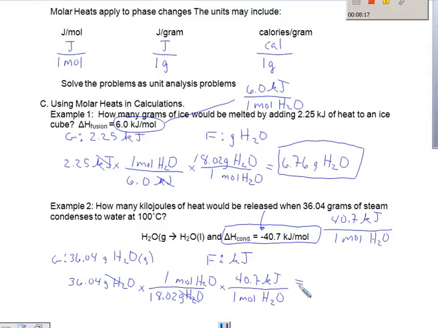Go through our math, and you get 81.40 kilojoules. Go ahead and put a box around this so that I know you are completely done.